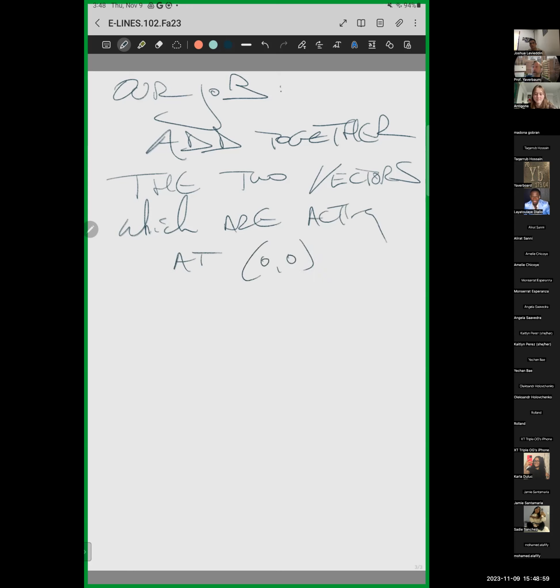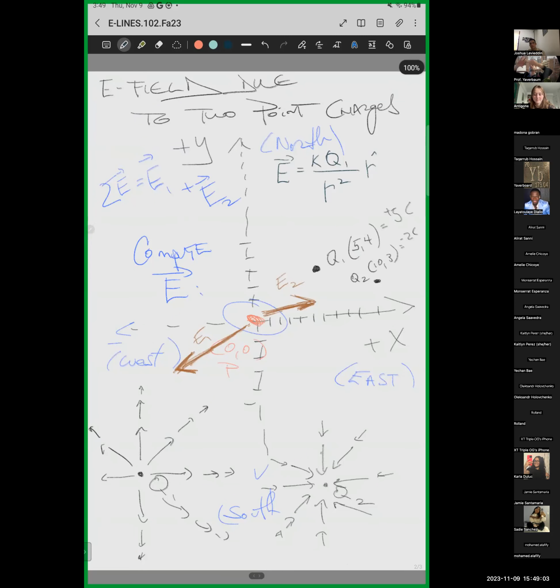Okay, now the first thing we have to do, this diagram here is a picture of the situation, but now our job is to add the two vectors together. This is a little bit subtle too, perhaps sometimes confusing people. When we add vectors together, we place them tip to tail, right?